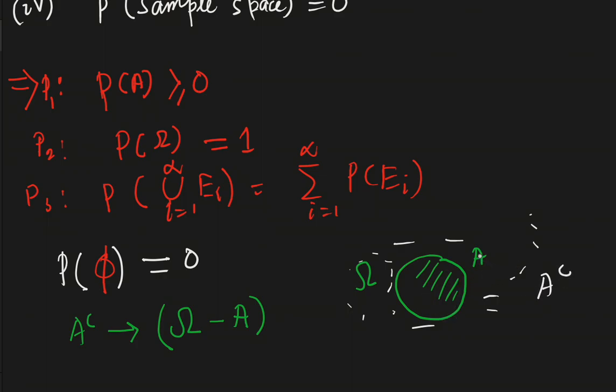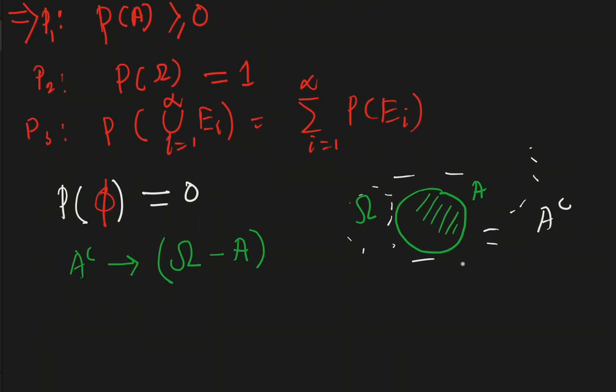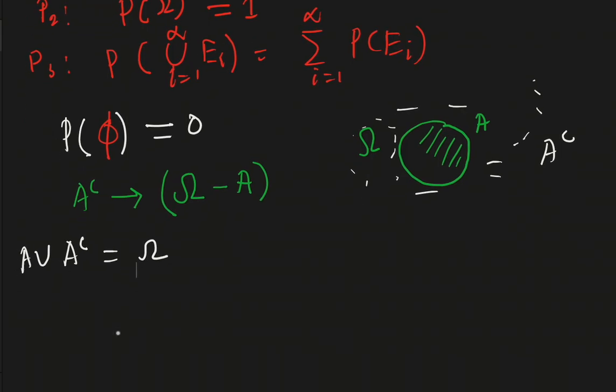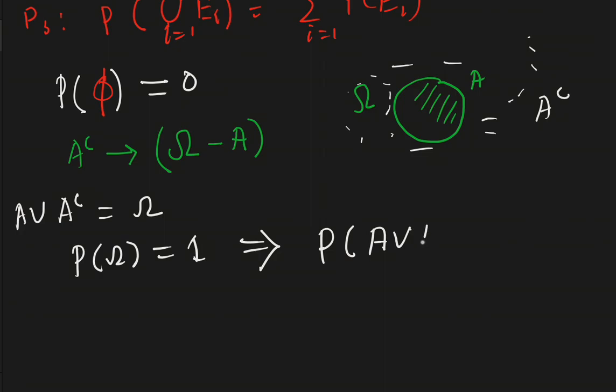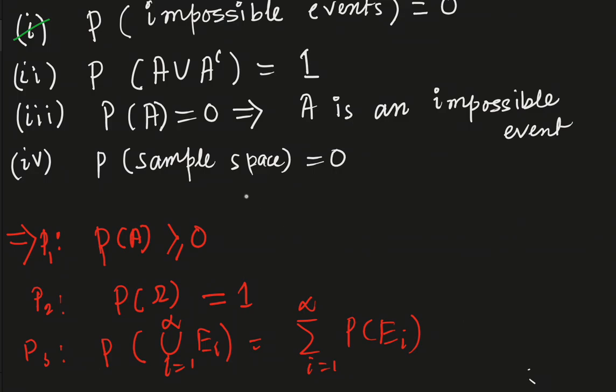Now if we add both A and A complement, the union of A and A complement should be the whole space. From the second axiom of probability, P of sigma equals 1, P of omega equals 1, so the probability of A union A complement should be 1. So the second statement is also true.